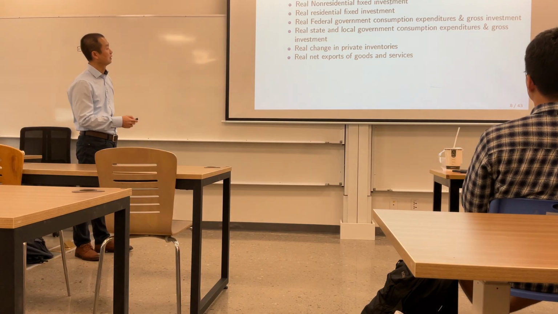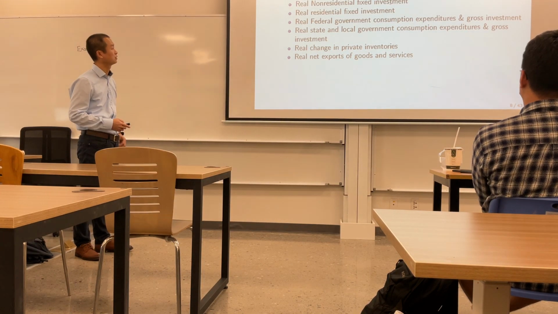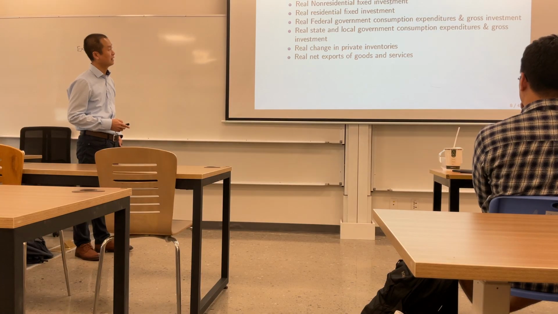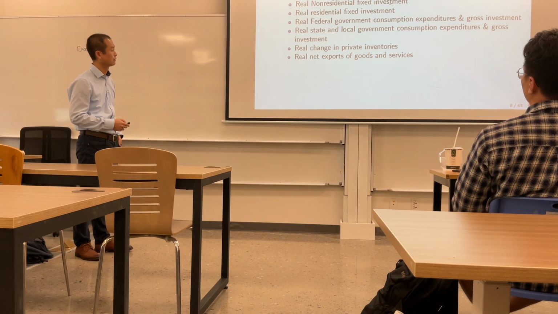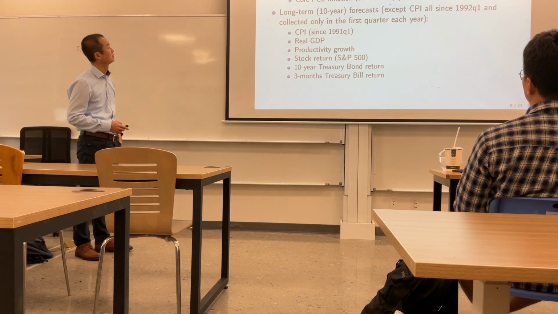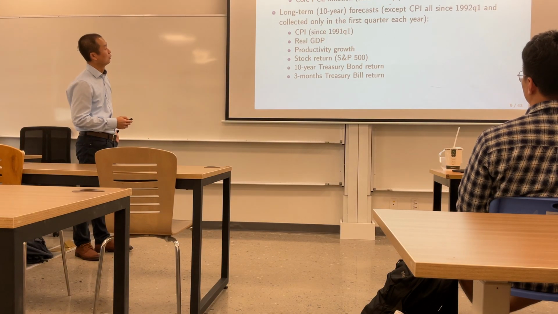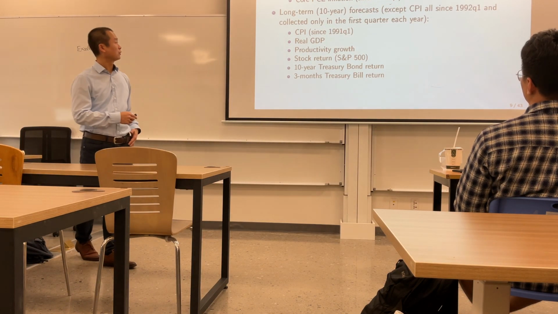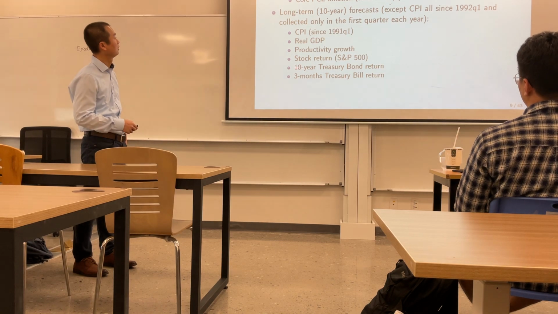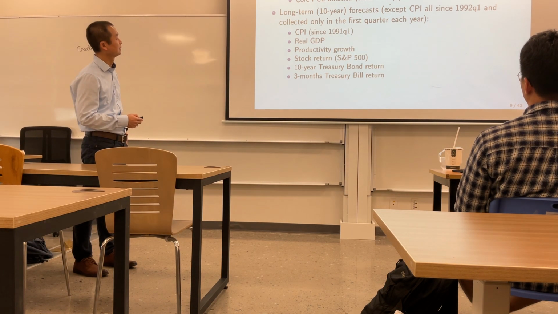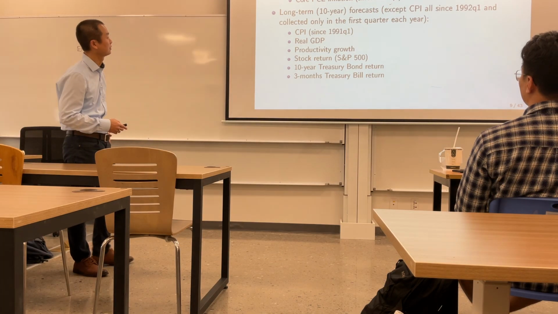And there are some further variables like GDP and its components, the different components of GDP in more detail. Also for price levels, they have different definitions of inflation, from CPI and PCE, that is personal consumption expenditure.